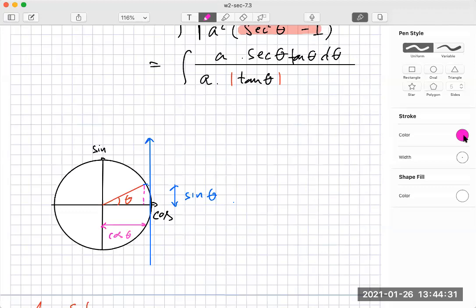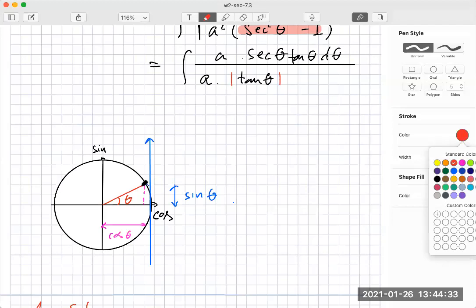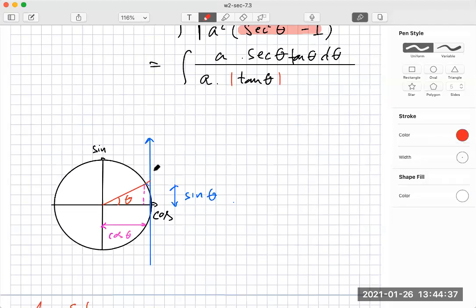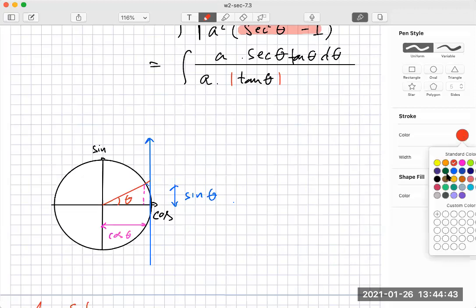Therefore, look at these two triangles, the small triangle right here, the red and purple. Let me define some points here.